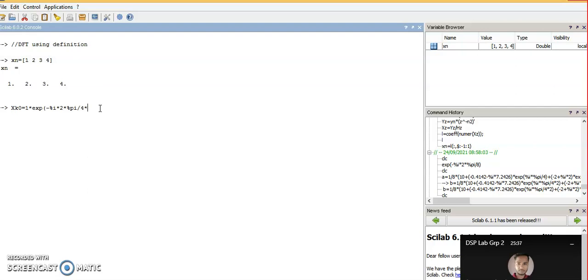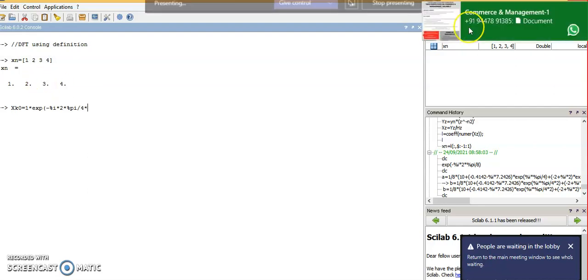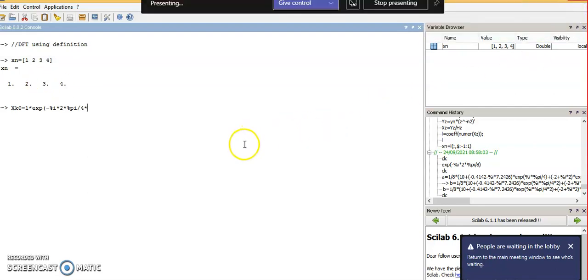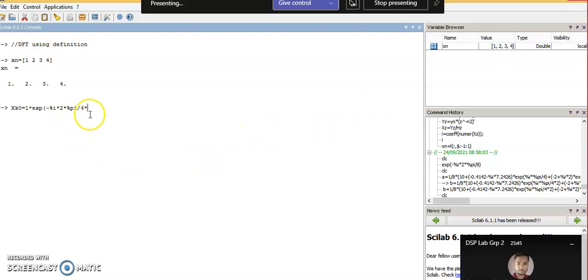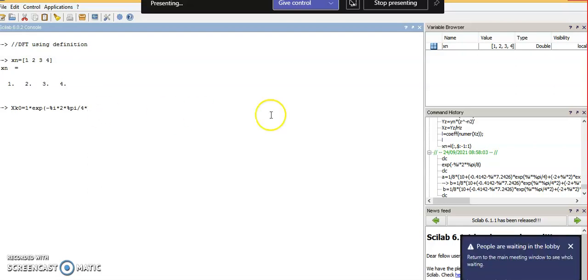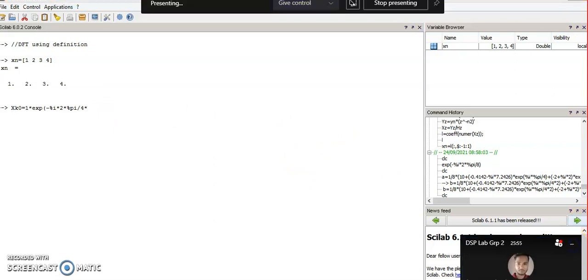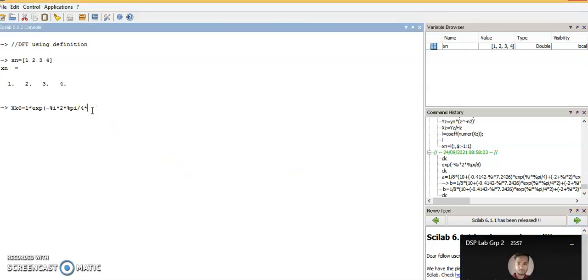This is your twiddle factor. Now the value of n is 0 here and the value of k is also 0, so it will be 0.